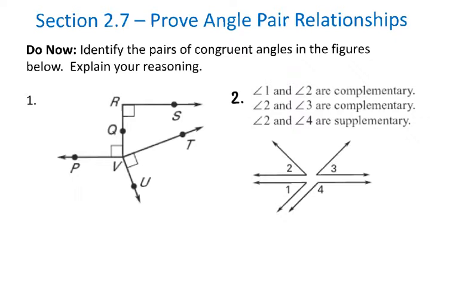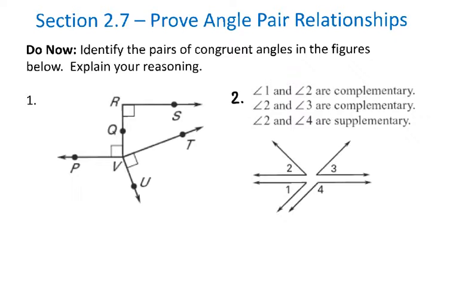We're going to identify the pairs of congruent angles in the figures below. Explain your reasoning. So, in this first one, wherever we see a right angle symbol, those angles are congruent.